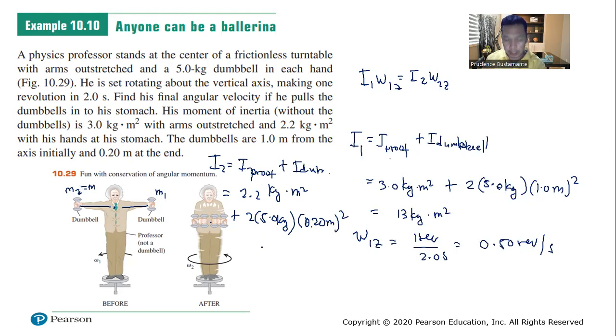So I2 is actually 2.6 kilogram meters squared.